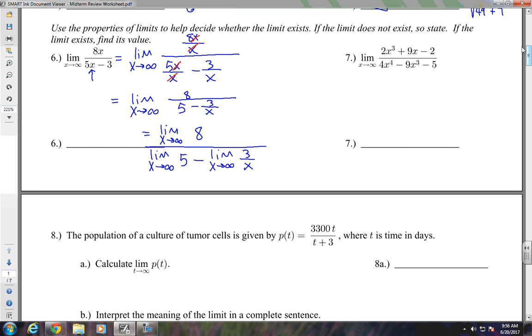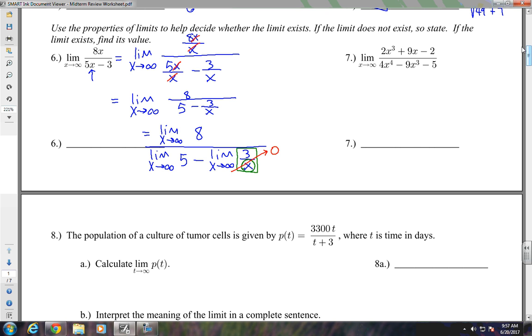Now, we know that the limit of a constant is a constant. So the limit as x approaches infinity of both 8 and 5 is the 8 and the 5. But on the last term in the denominator, we have the limit as x approaches infinity of 3 over x. As this denominator grows without bounds, the value of the fraction crashes down to 0.